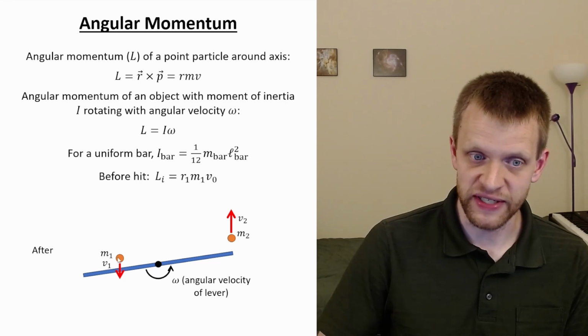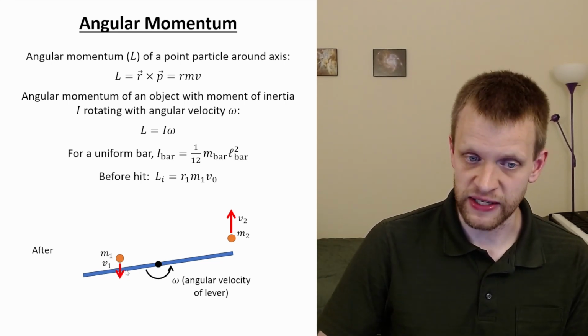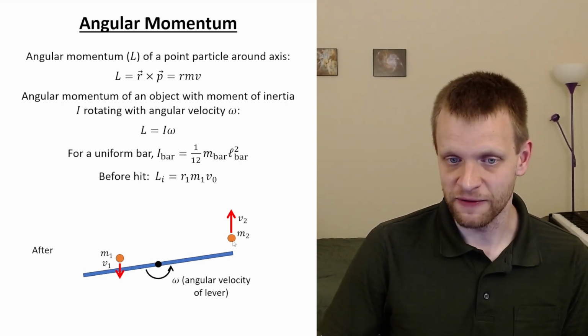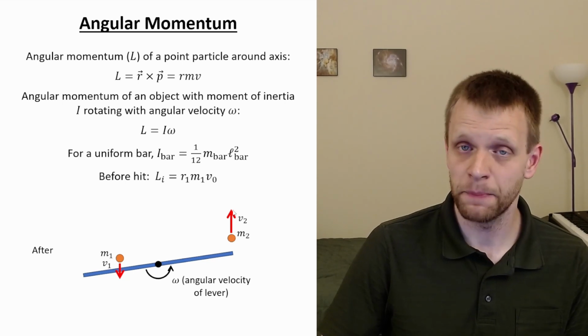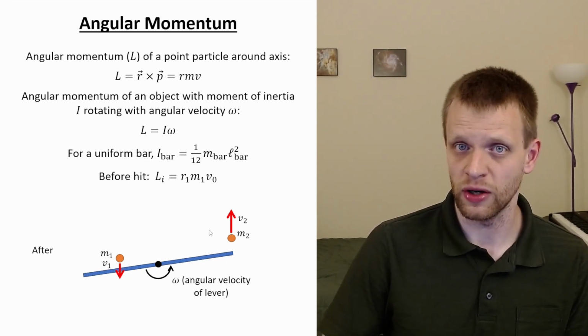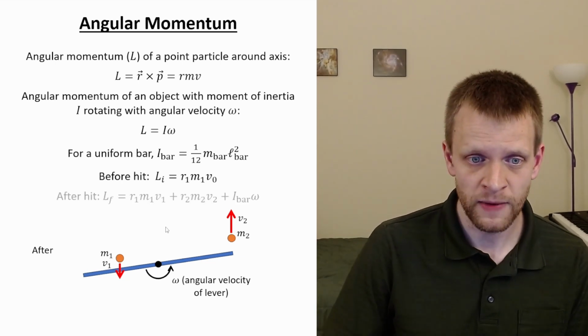If m1 is moving down, that's counterclockwise around this axis. If this lever is rotating counterclockwise, we've got that counterclockwise motion. And if mass 2 is moving up on this side of the rotation axis, that's again counterclockwise motion. So that's what I'm defining as my positive direction.